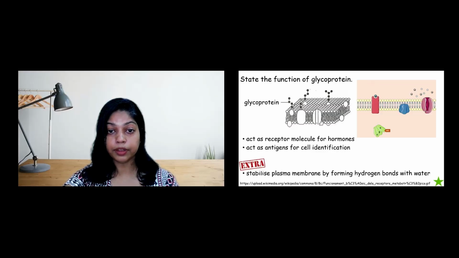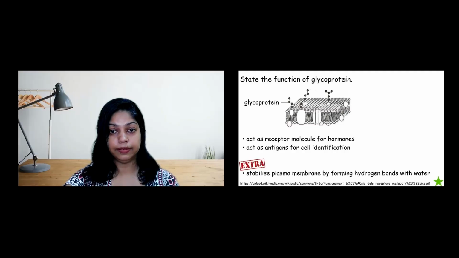Glycoproteins are receptors for hormones, which means that when a hormone binds to a glycoprotein, the glycoprotein will cause a response inside the cell. Glycoproteins also act as antigens on cells to differentiate between cells that belong to the body and foreign cells that do not belong to the body.